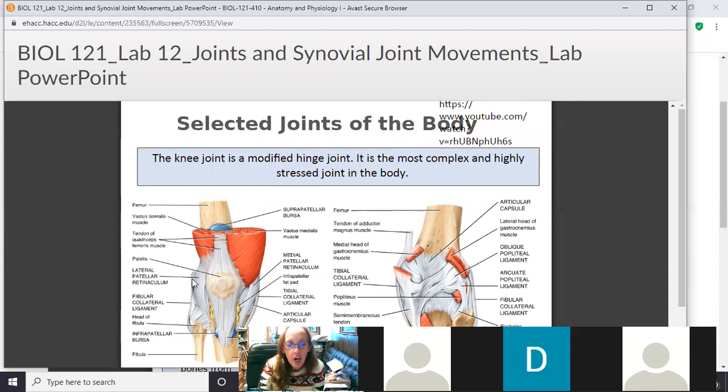Lateral collateral ligament, medial collateral ligament. In the middle, in the center, anterior cruciate ligament, posterior cruciate ligament.